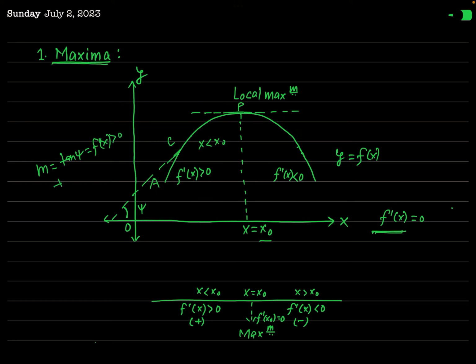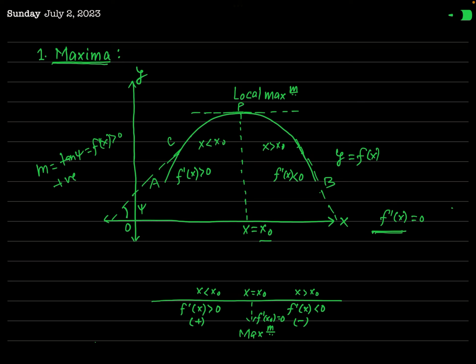As you can see, psi is less than 90 degrees, so this slope will be greater than 0, that is positive. But when you talk about a point on the other side of the curve, for the part BP of the curve, where x is greater than x naught, and you try to find the slope corresponding to that point, we will again draw a tangent.